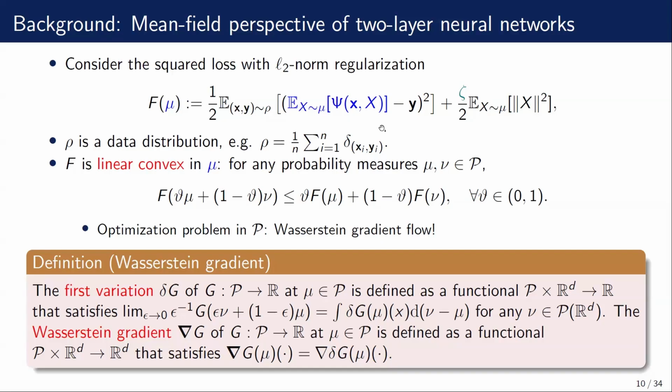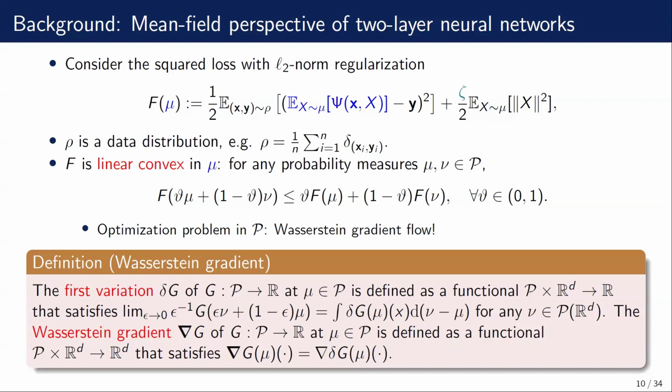It's just an integral with respect to mu. So F is the composition of a linear function and a quadratic function, which is a convex function. That's how we get convexity. So it's just one step. We see that F is actually convex in mu, which means that for any probability measures mu and nu, it satisfies this relation. It's the standard definition of convexity.